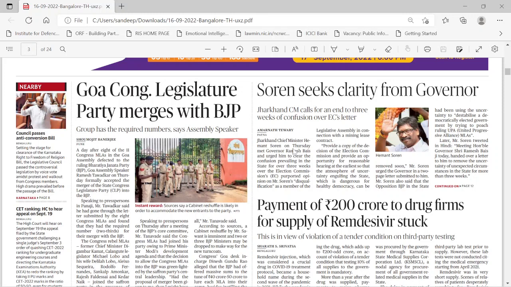There is no need for them to resign, and no need for elections. For example, if there are only 3 MLAs and 2 of them join, even then there is no defection.